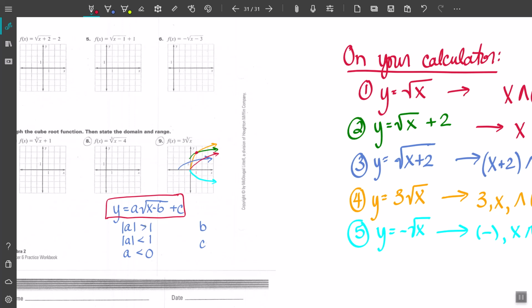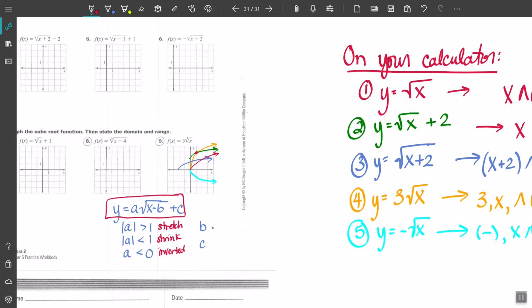If the absolute value of A is greater than 1, which is the case in our orange graph, then we're going to have vertical stretch. If it's less than 1, we're going to have vertical shrink. So it's not going to rise as quickly as the parent function. We don't have an example of that one in these 5. If A is less than 0, like we have in the light blue down here, number 5, then it's inverted. So it's upside down.